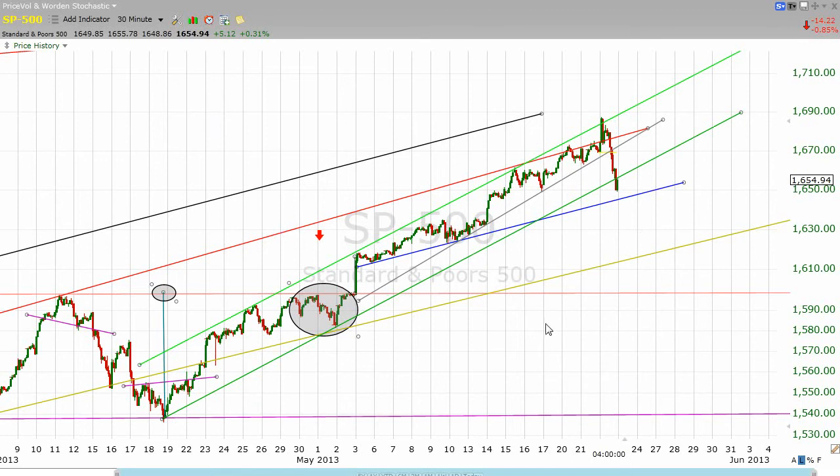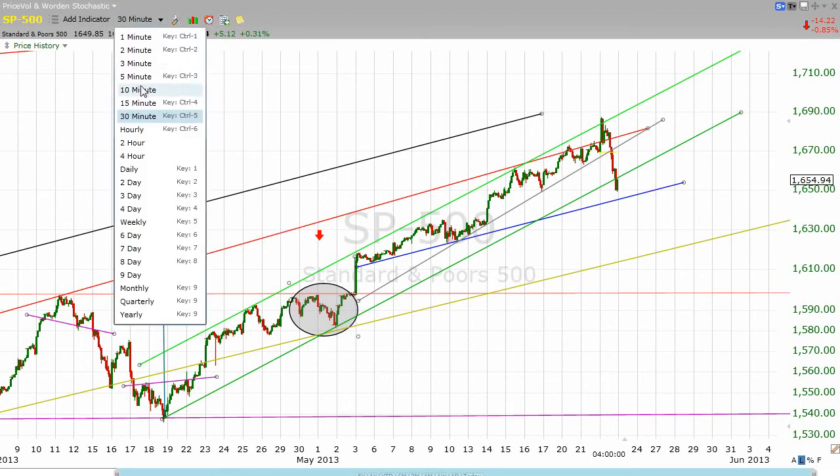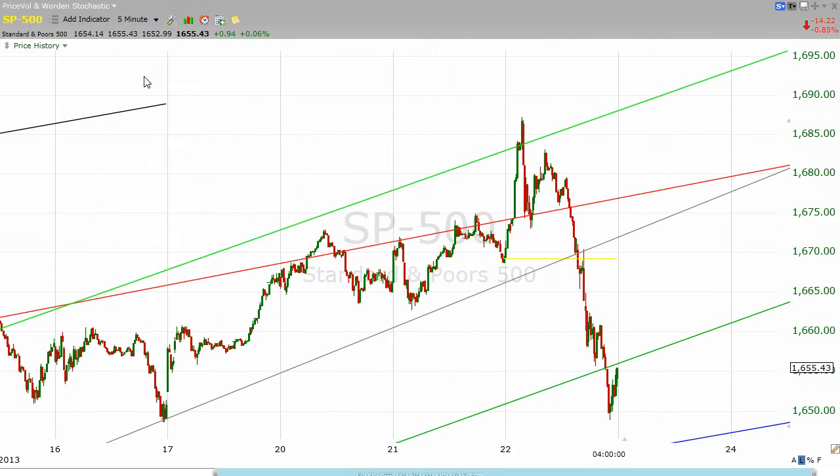And let's take a closer look so we can get a little bit clearer idea what happened. To begin with, there we are over the green line, came down to this rising resistance line, bounced up, but then took it out. Got momentarily stopped, briefly, on our little gray line here.